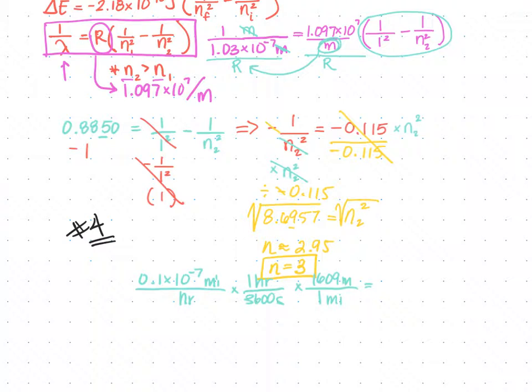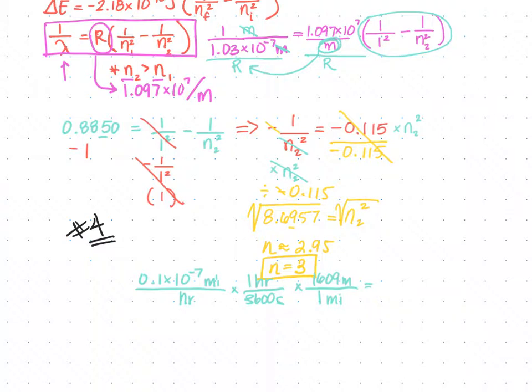So when you're doing these problems, switch the variables. Don't get comfortable with just solving for one type of variable. Solve for n1, solve for n2, solve for energy, solve for mass, solve for momentum when it comes to the Heisenberg uncertainty principle.